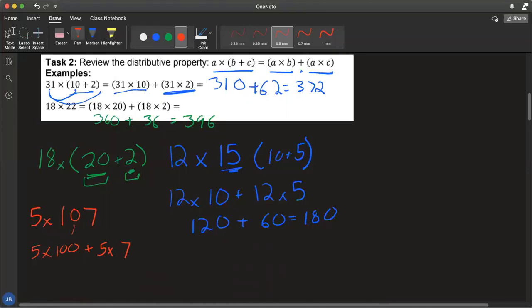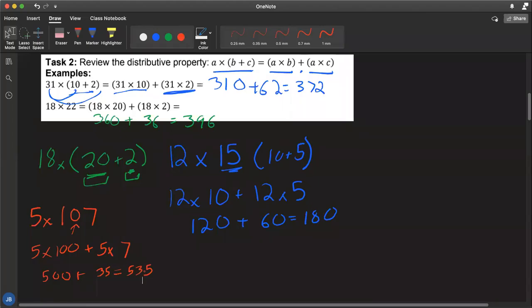Since we don't have this middle digit, we don't have to worry about breaking that apart. So we'd have 5 times 100, 500, plus 5 times 7, 35. Perfect. Equals 535. Does that make sense for everybody? Does anybody have any questions?